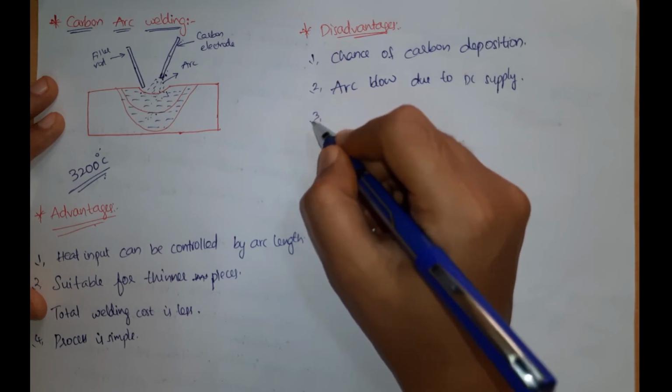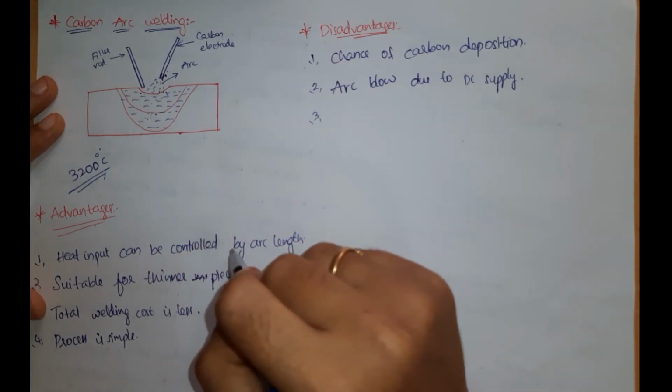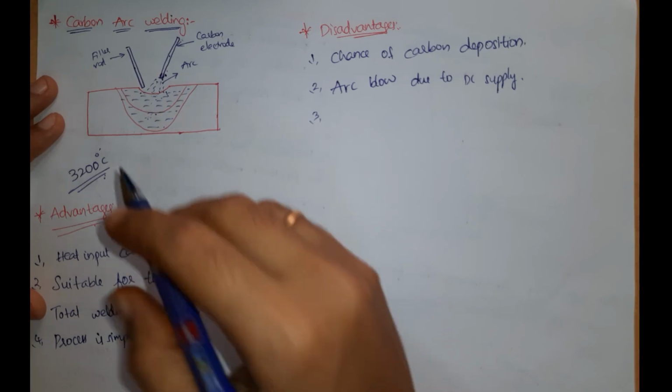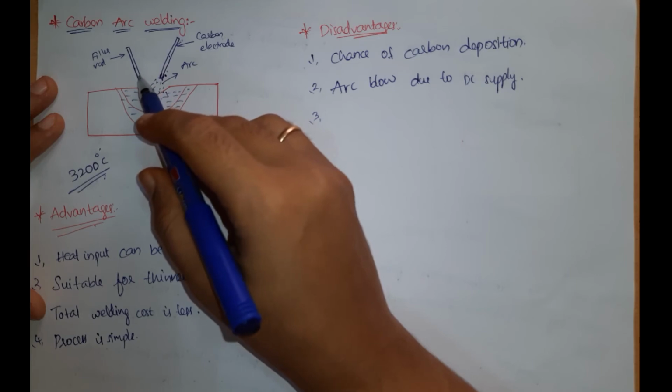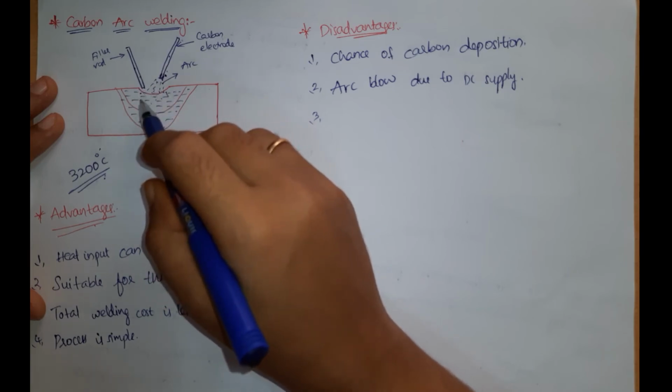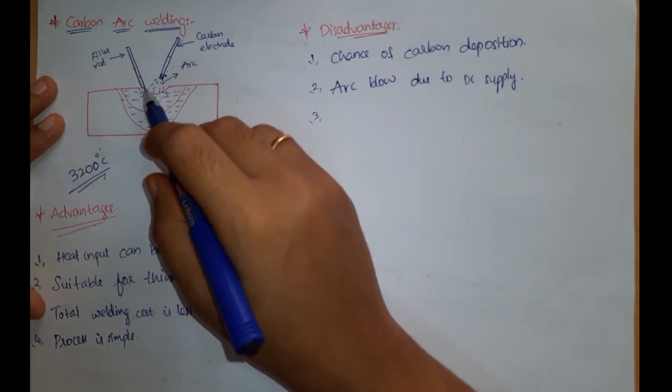The next disadvantage is that sometimes a filler material may be needed. When the filler material is needed, more heat is required to melt that filler material and fill the workpiece. So if more heat is needed, it takes more time, right?